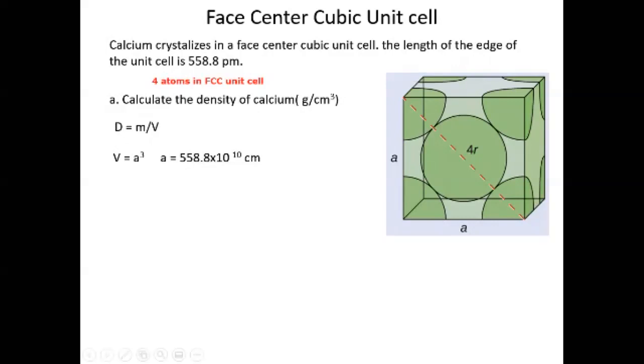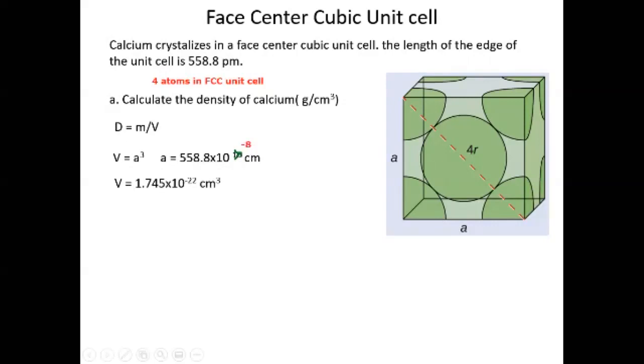It should be to the -8. So let me make that correction. So that should be to the -8. Now that we know this A, we can calculate the volume. So let me make sure that's correct. Yeah, that is correct. So that is centimeters cubed. So now we know the volume of our unit cell.